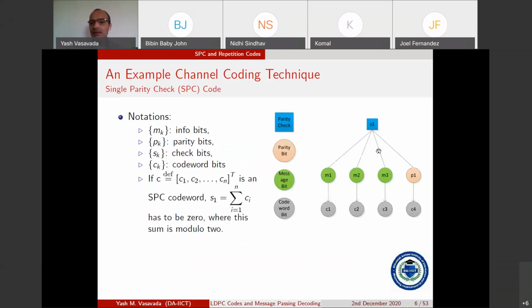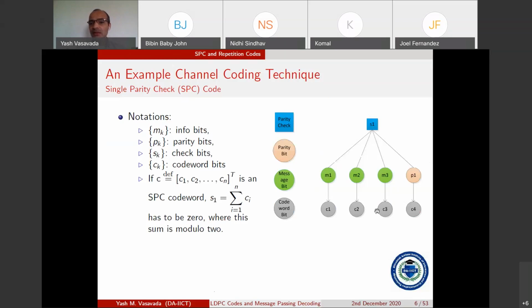And this is a way by which we can represent the SPC structure on a graph. And the reason I'm doing that is because, as we just said, for the NOMA and more generally for the message passing structures, we will be making use of the graphical connections.